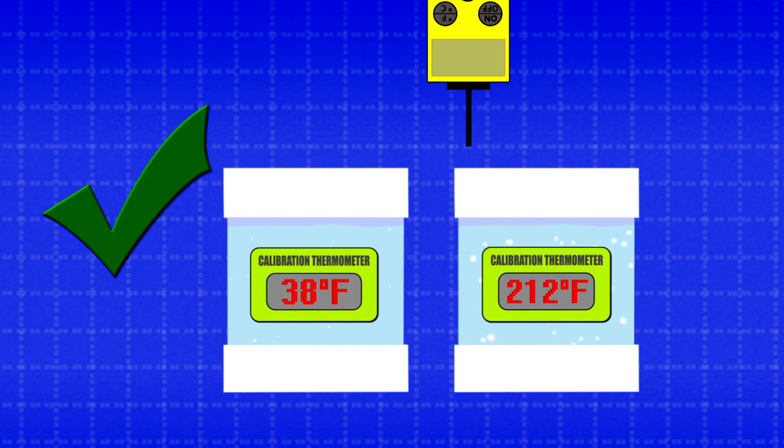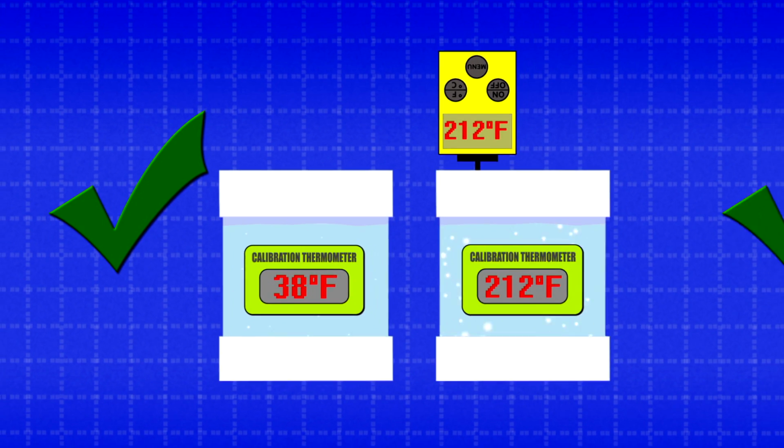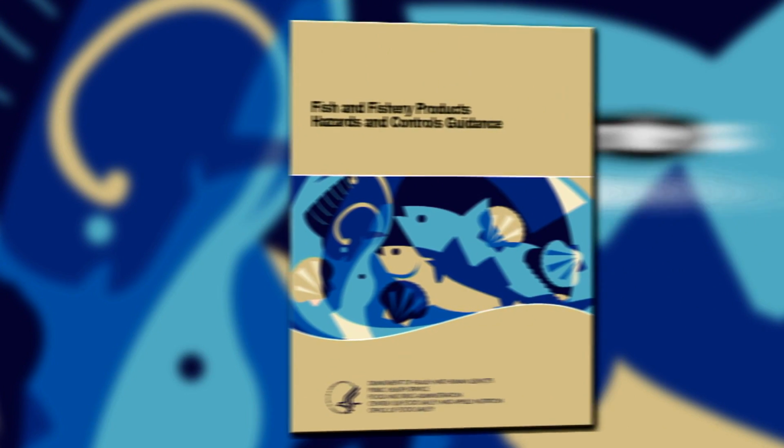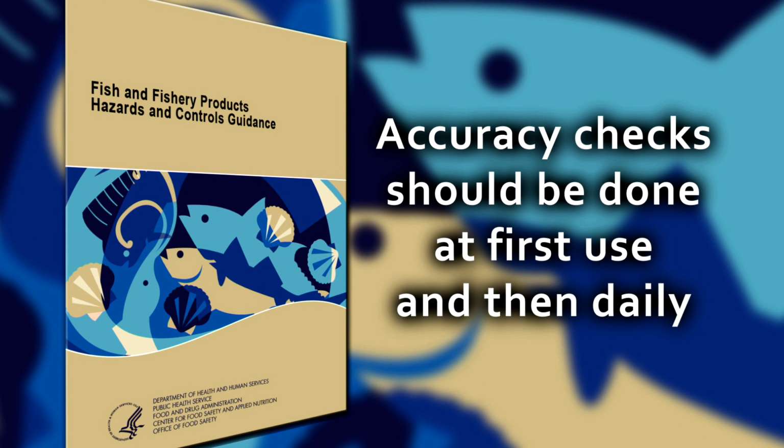Calibration is a two-point check, both hot and cold, to show the device works consistently throughout its range. The Hazards Guide outlines when to check for accuracy and when to calibrate. For example, it states that accuracy checks should be made when the device is first used and daily from that point forward.